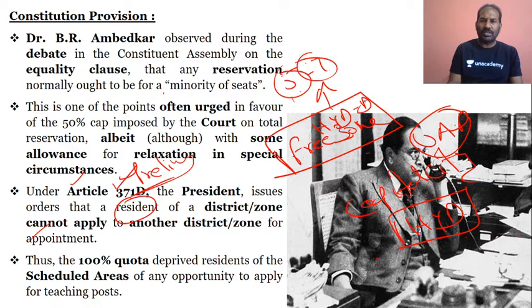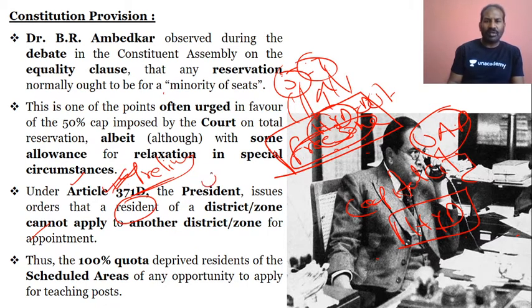This is also a district, but as per Article 371 it should be only the persons who are residents of Hyderabad district who should apply for the post. But when it is declared a free zone, then anybody can apply. So you have a counter to this.